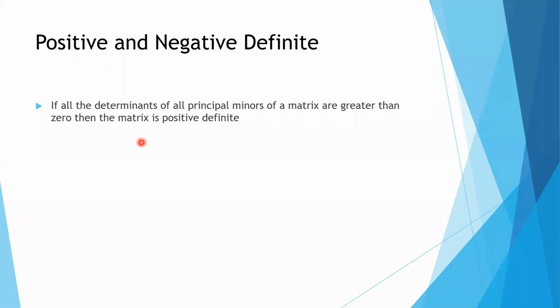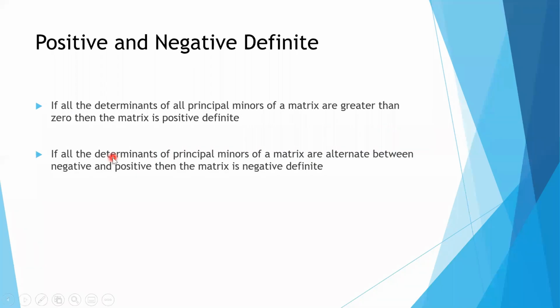If everything is greater than 0, then we see that the Hessian matrix is positive definite. After that, if the determinants of the principal minors of a matrix alternate between negative and positive, first negative and then positive, then the matrix is said to be negative definite.